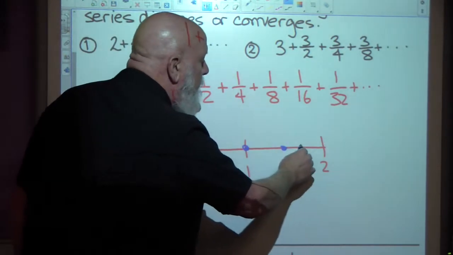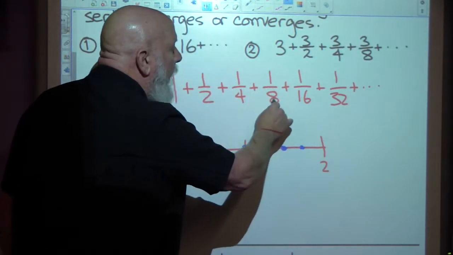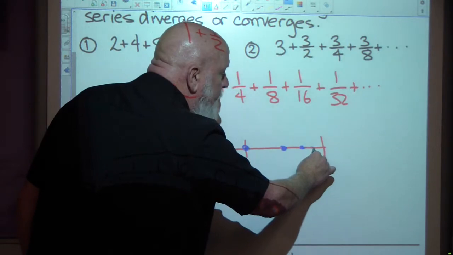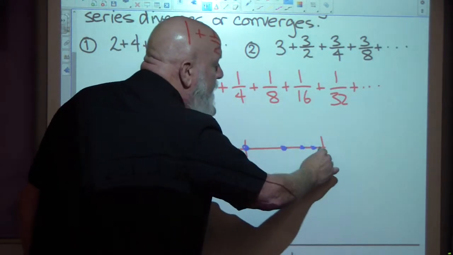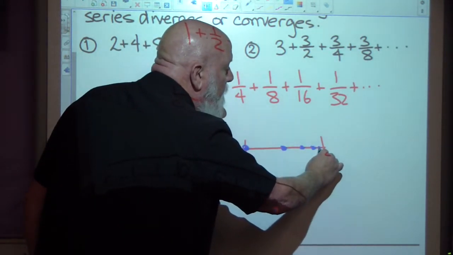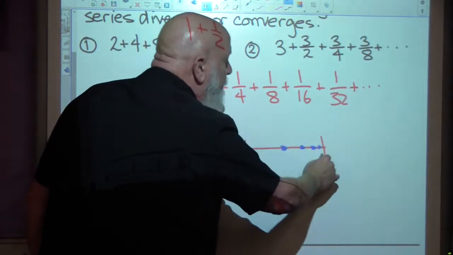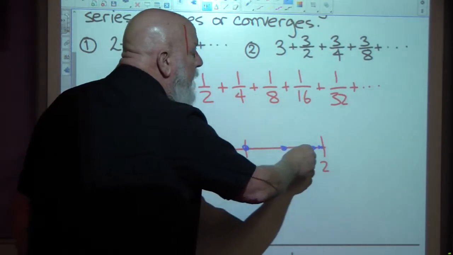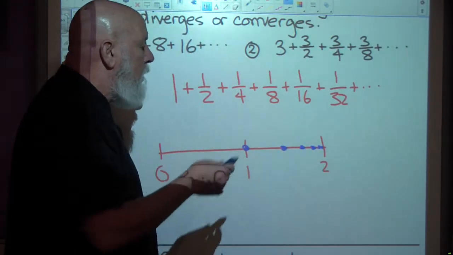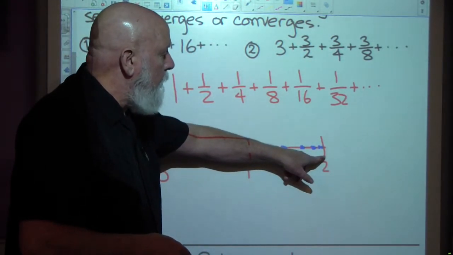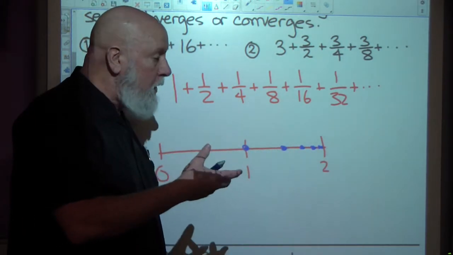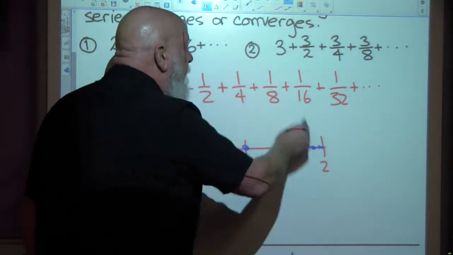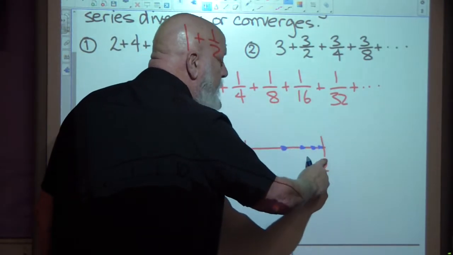If we add a fourth, now we're here. If we add 1/8, that's half of that distance. If we add 1/16, that's half of that distance. If we add 1/32, that's half of that distance, and we can do that infinitely. And we'll get infinitely closer and closer to the number 2. You'll never really reach it, but the limit of this sum is the number 2.